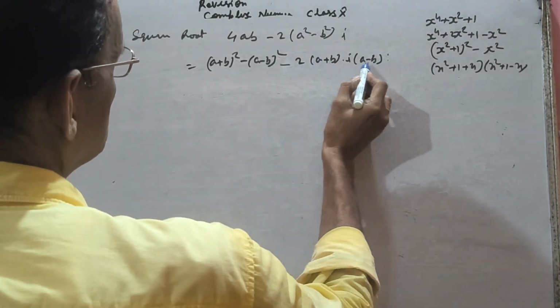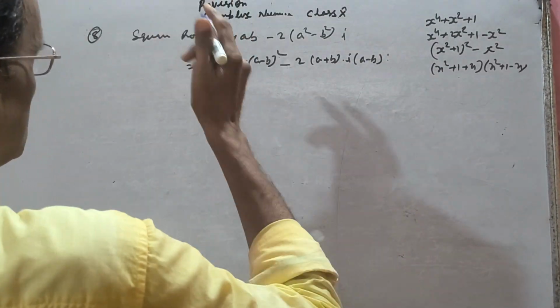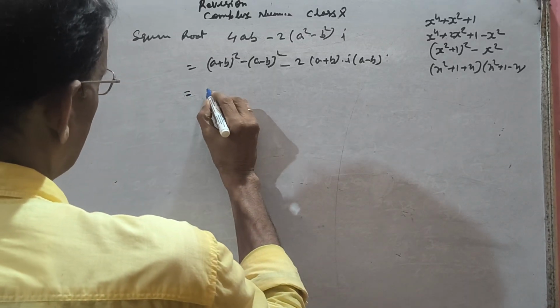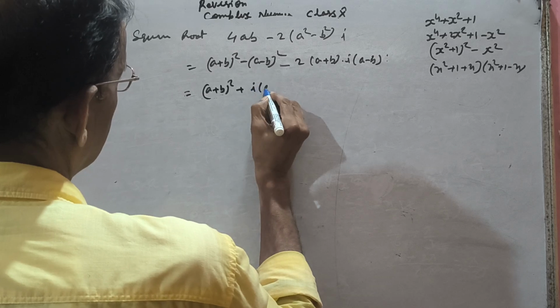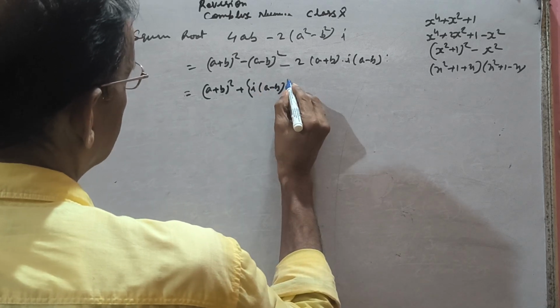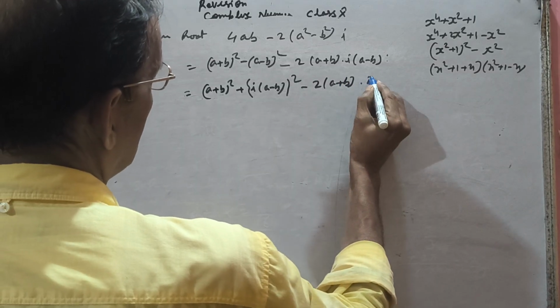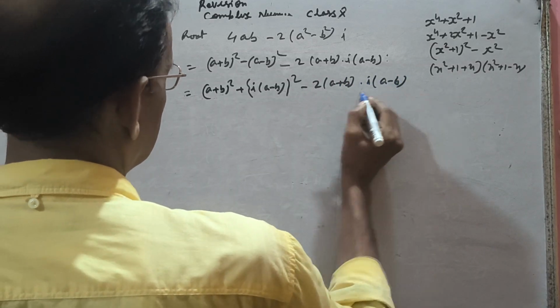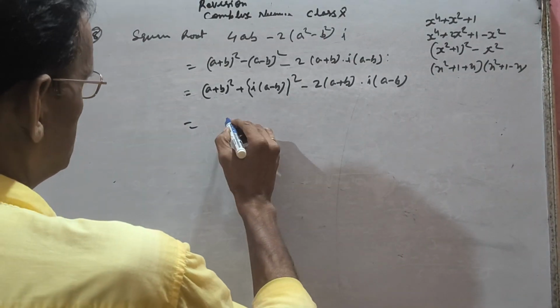In the form of twice ab we have to do. This is a, this is b, that's why a² and b². But the minus sign is there, so you need to write (a + b)² plus (i(a − b))². Then 2 into (a + b) into i into (a − b). Now it is in the form of a² + b² − 2ab.